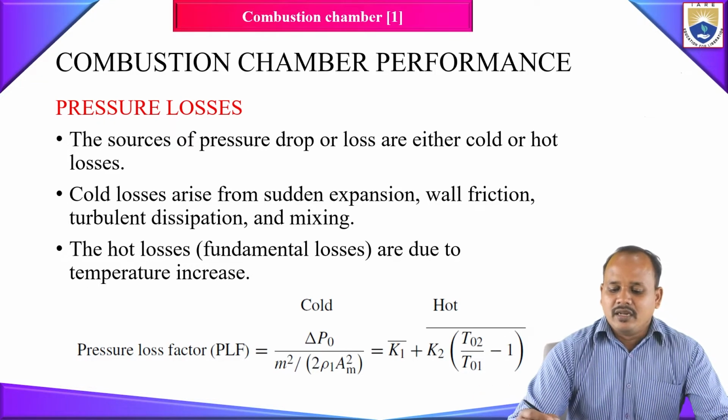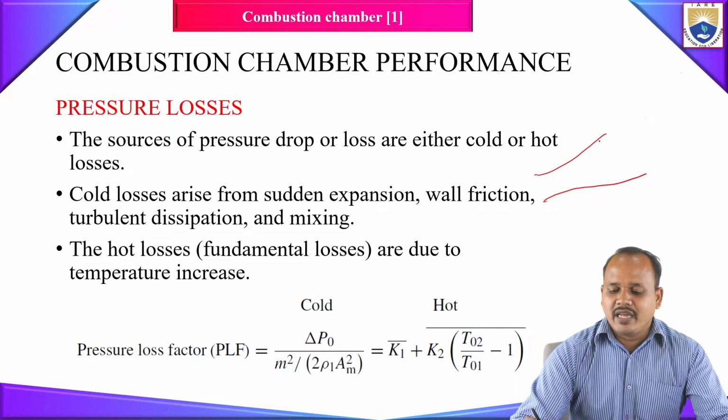When your flow is entering inside your combustion chamber, we have a diffuser, right? The purpose of your diffuser is to reduce the incoming flow velocity. Since there is an expansion here, your pressure is being increased.